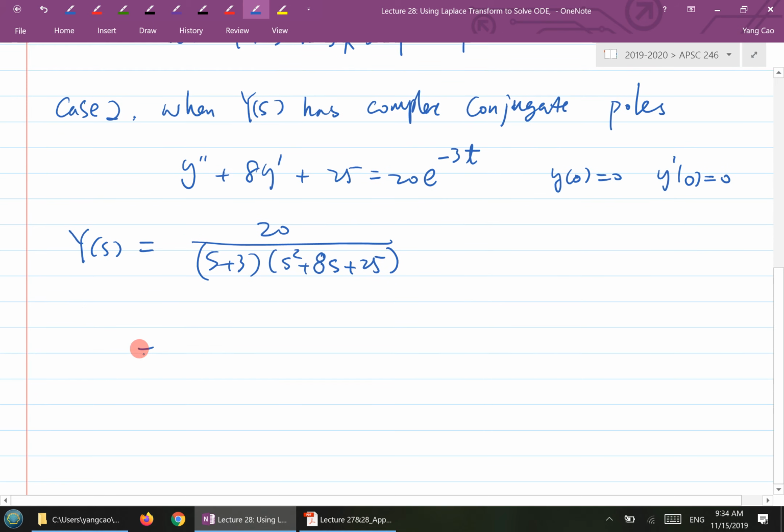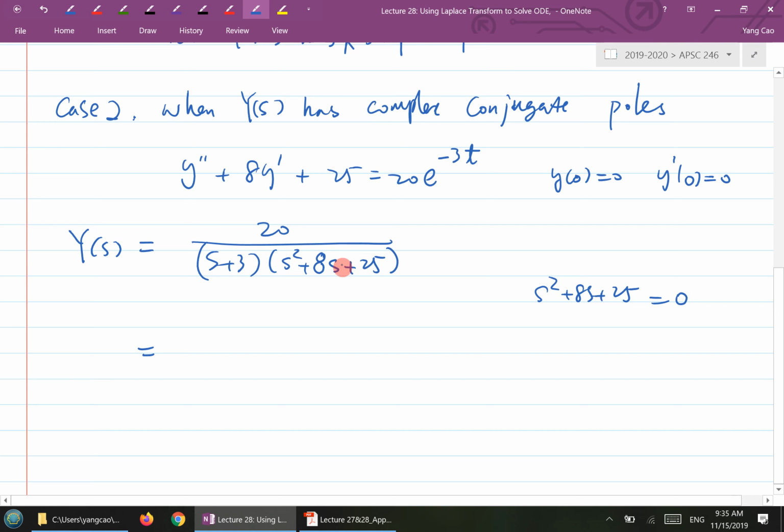Now we do the partial fraction expansion. How do we expand this? You have a pole here at s equal to -3, so that's a simple pole. If you let s squared plus 8s plus 25 equal to 0, you'll find its solution is a pair of complex conjugate poles, and that falls into this case.